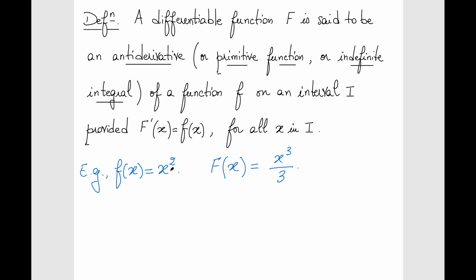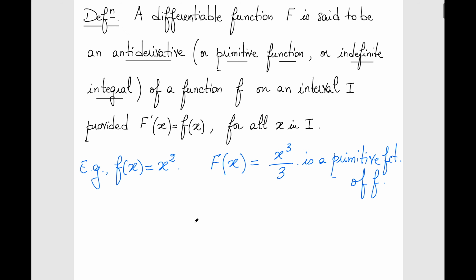So this identity holds for all x. So capital F is an antiderivative, or a primitive function, of little f. Agree with me? All right.